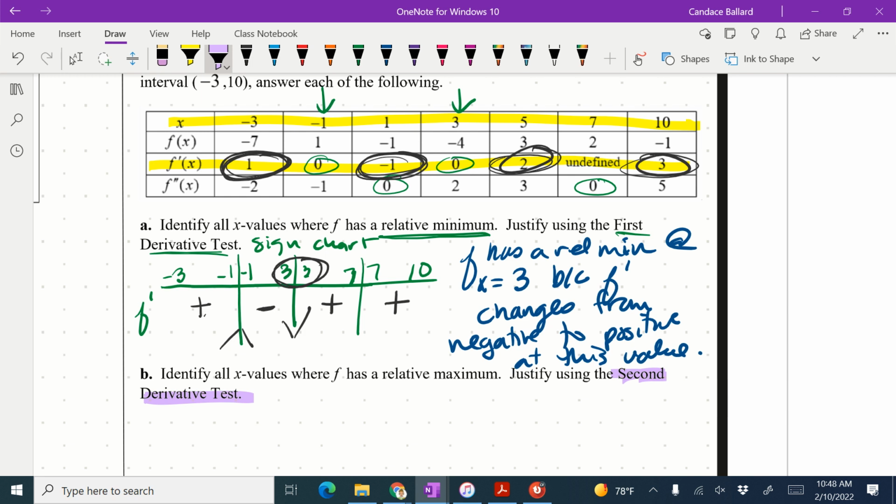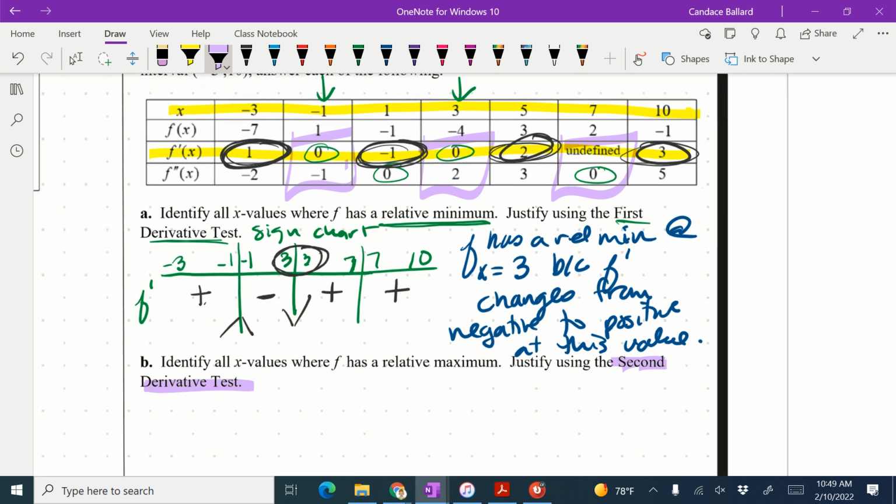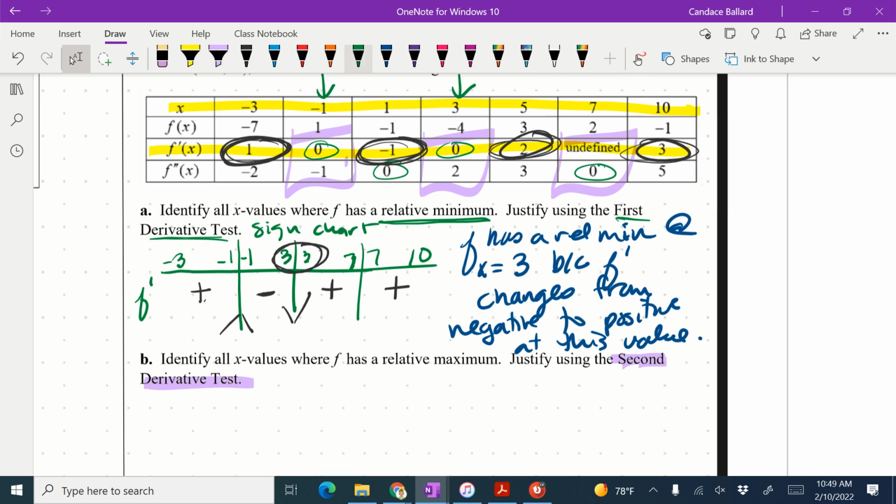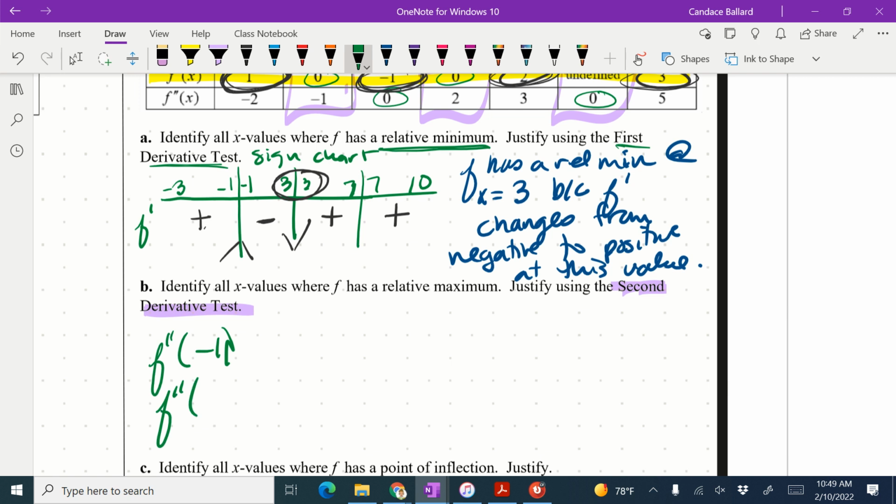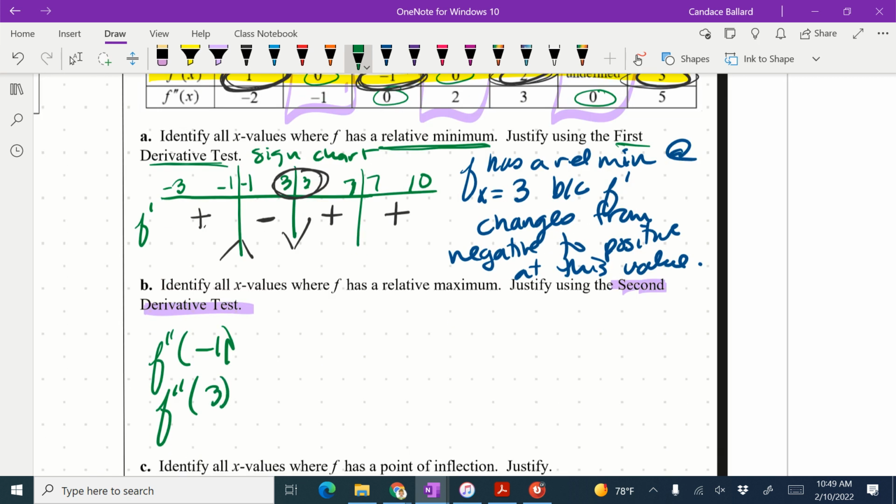I still am going to use those same zeros, those same critical numbers. So I'm just going to look at what happens to them in the second derivative. I need to know f double prime of -1, and then f double prime of 3 and f double prime of 7. Those were all my critical numbers from the first derivative.